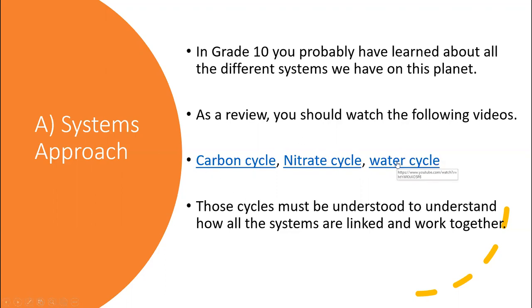Because the water cycle is in the grade 6, if I remember well, curriculum of science. Carbon cycle comes a little bit later. I think it was grade 8. But nitrate cycle, not always. I can't remember seeing it in any of the curriculum. So you might or might not know. So it really depends. So again, those links are down in the description. Go there.